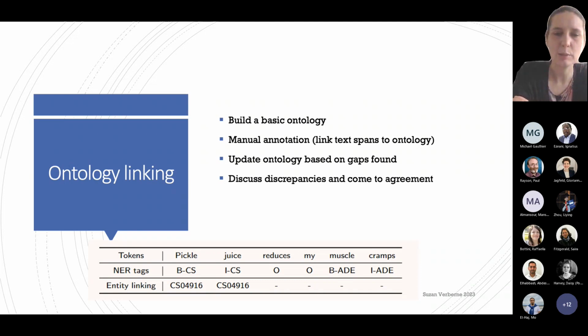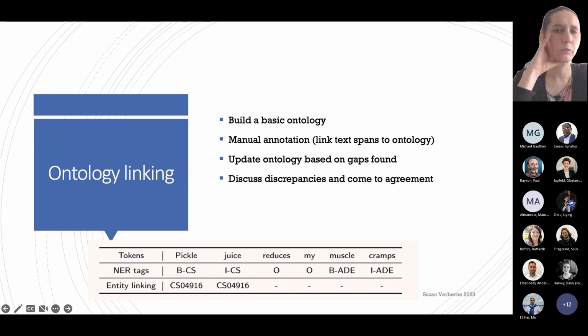And here you see the same kind of annotation again. So we have sequence labeling, coping strategies, we have adverse drug events. But now we created an ontology ourselves, and we linked the coping strategies to ontology items, to entities.